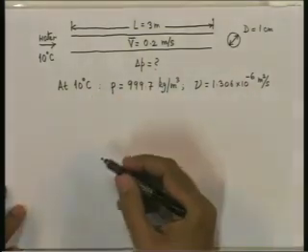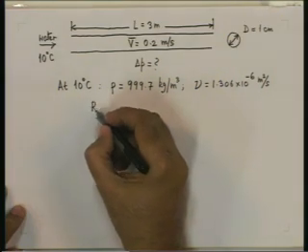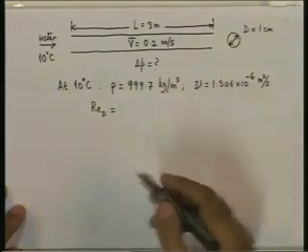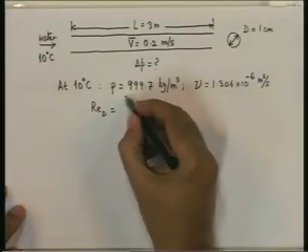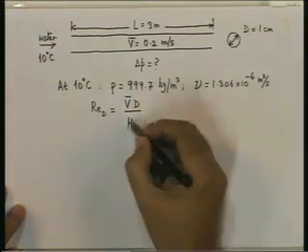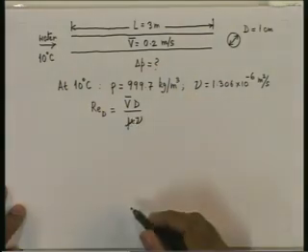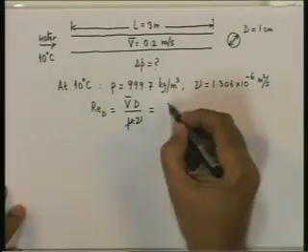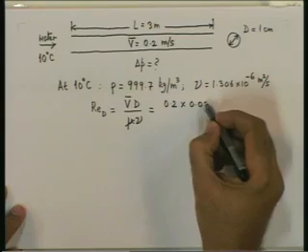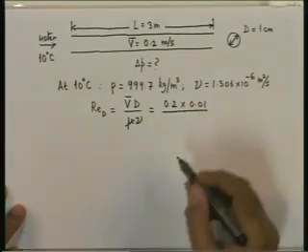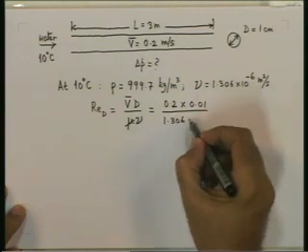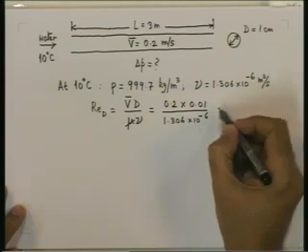Let us first calculate the Reynolds number. The Reynolds number is based on the diameter. In terms of kinematic viscosity, it will be V bar d by the kinematic viscosity. Substituting 0.2 meters per second, diameter of 0.01 meter divided by 1.306 into 10 raised to minus 6.